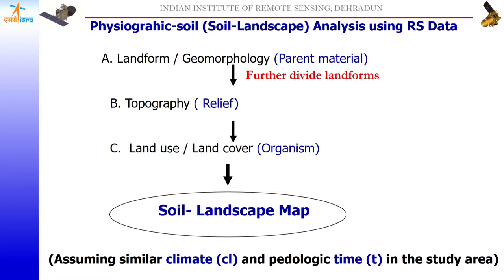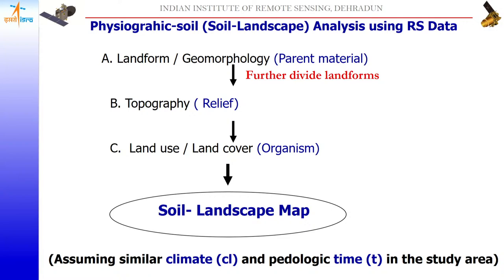For one district you can assume the climate is similar, and all the soil material may have been deposited in a similar time frame, so you can say the time is also constant. So two factors you can ignore, and then only three factors are left which cause variability in soil.